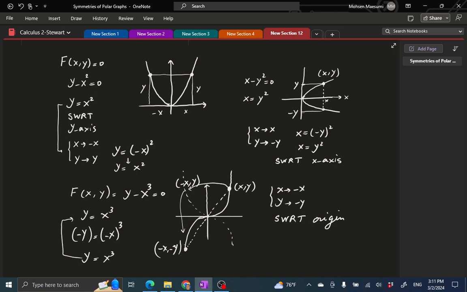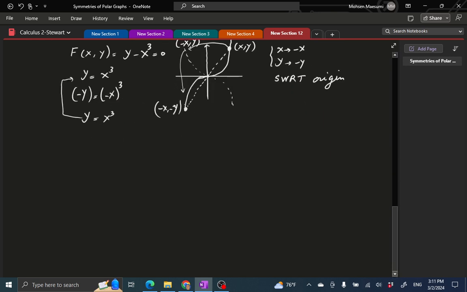We want to do exactly the same thing in polar coordinates, meaning our equation is not given in terms of the Cartesian coordinates x and y, rather it's given in terms of the polar coordinates. So if I'm given f of r and theta, I have some combination of the radial distance and the angle theta.